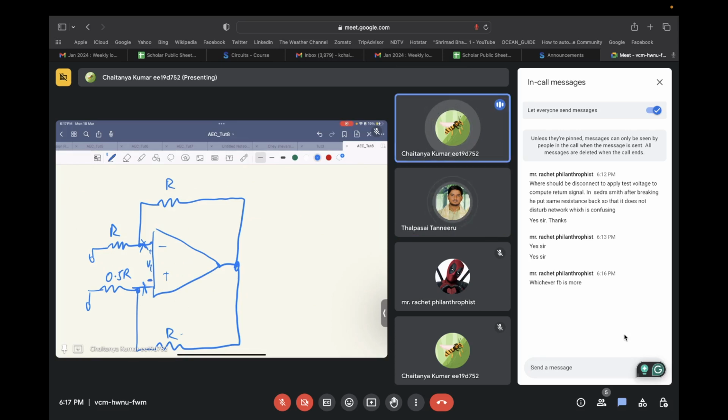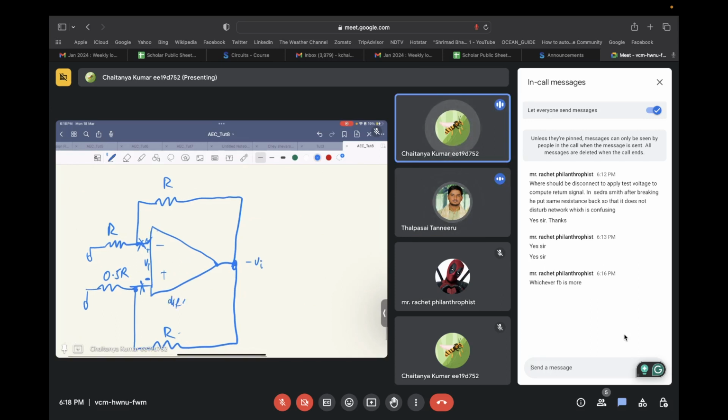That means the positive end of Vi is on the negative terminal of the op amp, and the negative end of the Vi is on the positive terminal of the op amp. So here, because this has an inverting effect, you will get some minus Vi at this node. Okay, let's assume this is a differential to single-ended circuit.